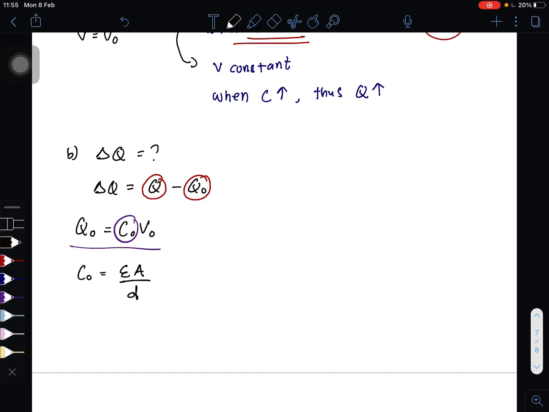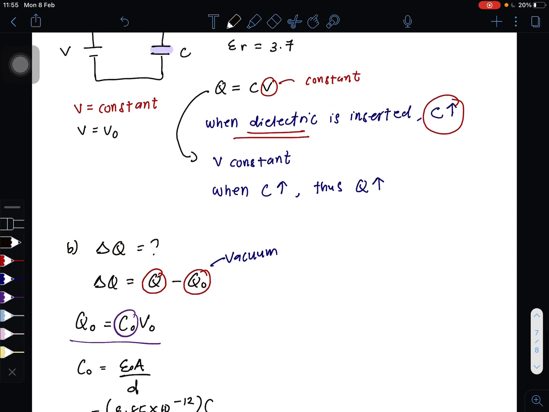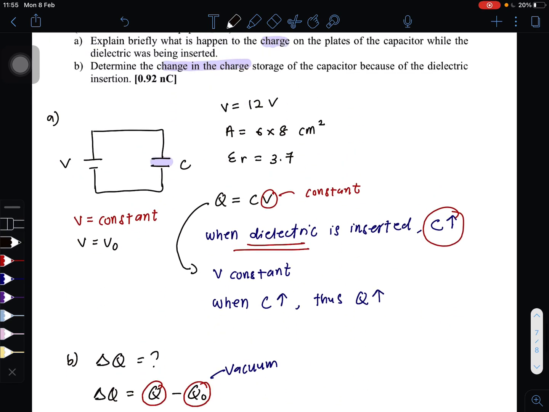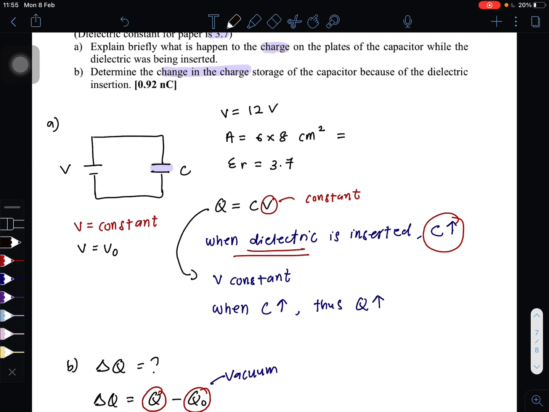Epsilon here is the initial one, when it is in vacuum, so this is epsilon naught, 8.85 times 10 to the negative 12, multiplied by the area. The area from earlier, we convert to meter square. So 6 times 8 gives 4.8 times 10 to the negative 3 meter square.